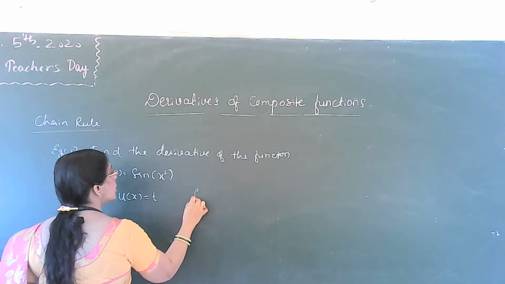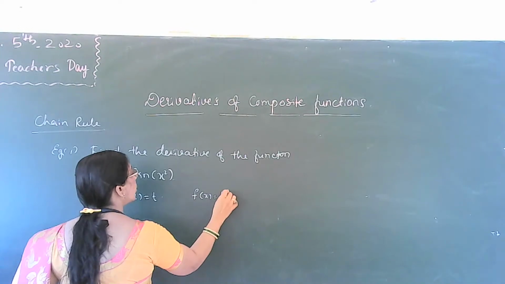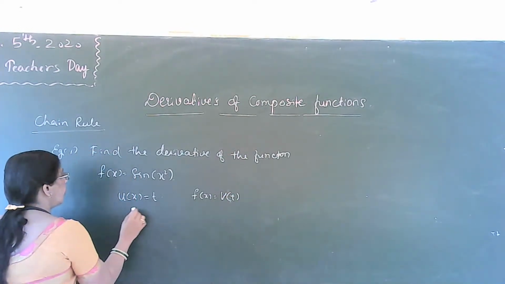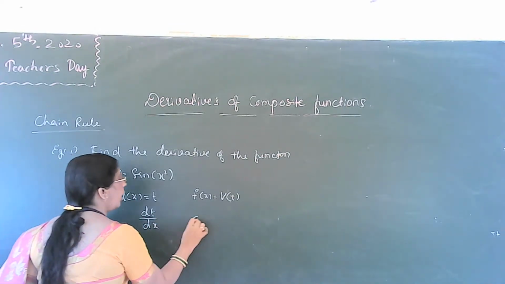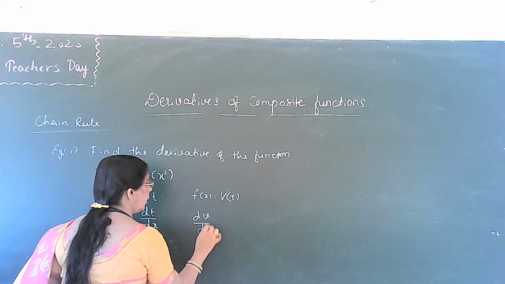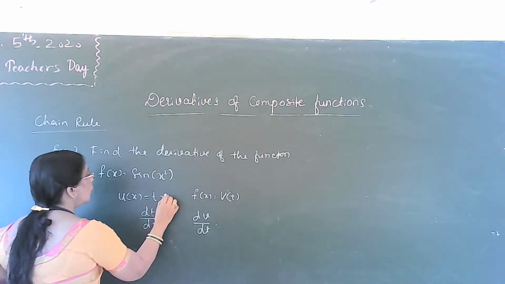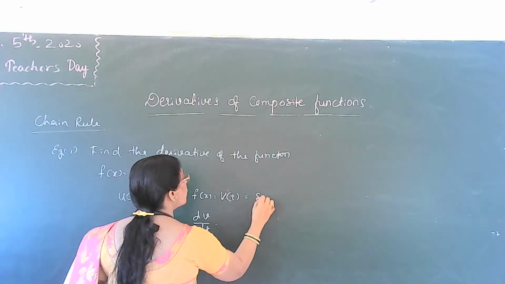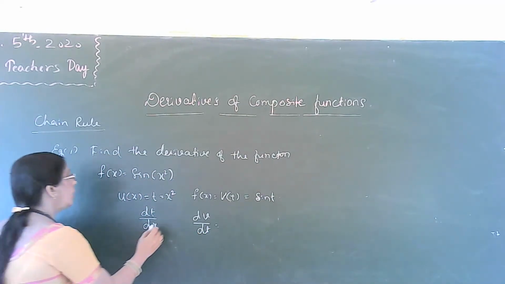Then f of x is equal to v of t. Here dt by dx and dv by dt are present. Here u of x equal to t is equal to x square and v of t is equal to sin t.